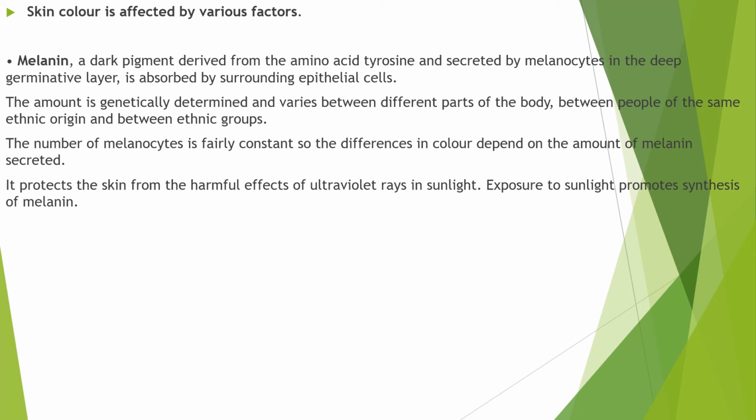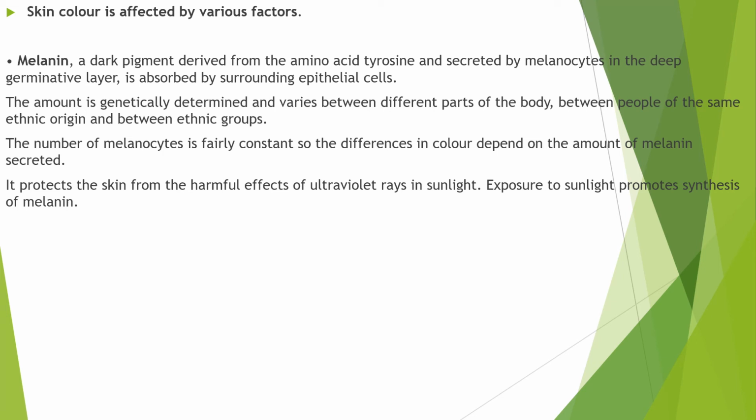This melanin, or dark pigment, is then absorbed by the surrounding epithelial cells. You already know what an epithelial cell is from the cells topic, which I said you should have as prerequisite knowledge before you engage in this chapter.